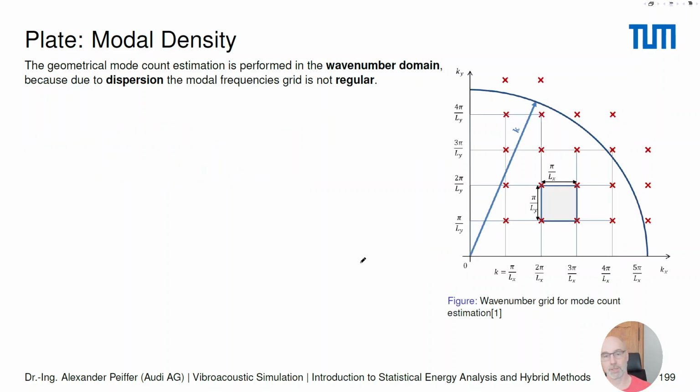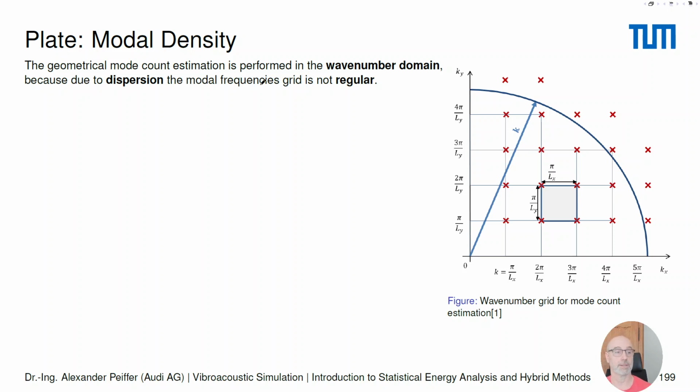So similar to our room acoustic or one-dimensional considerations, we also have to find a simplified formula for our modal density. And we use the same trick as we have used before. We take the mode count estimation by just taking the area that is occupied by one mode, taking the rectangle here again.